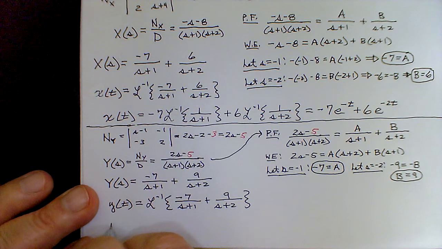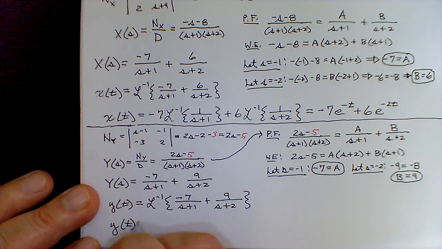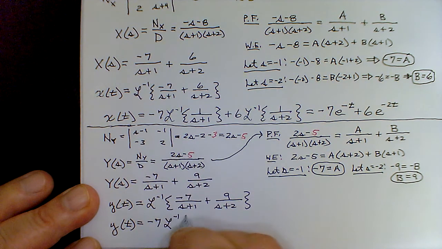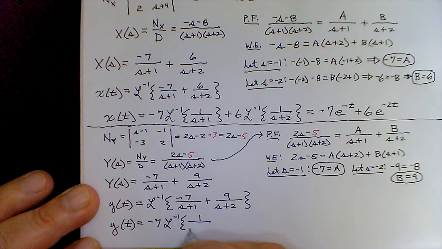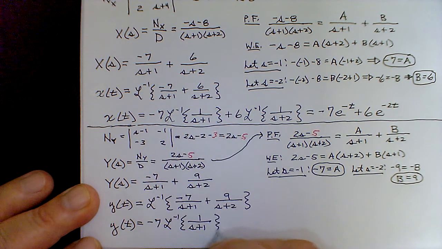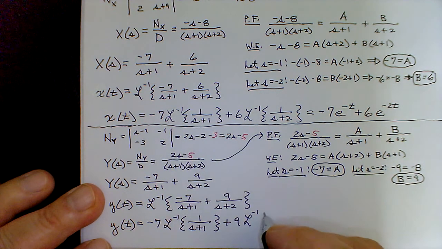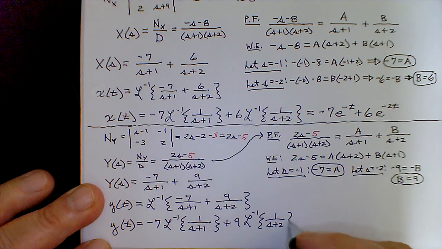And so, using the linearity property, y of t is negative 7, inverse Laplace, 1 over s plus 1, and then plus 9, inverse Laplace, 1 over s plus 2.